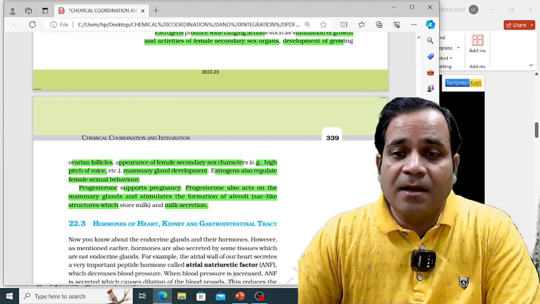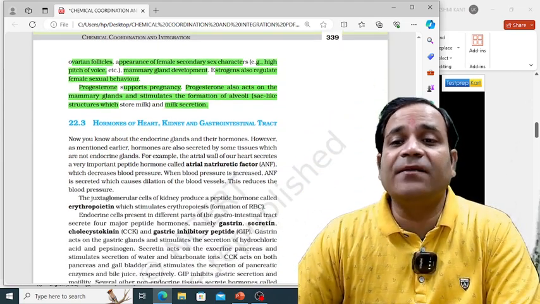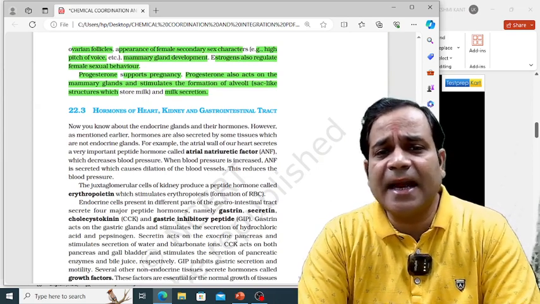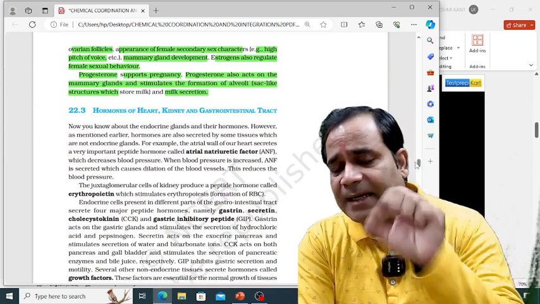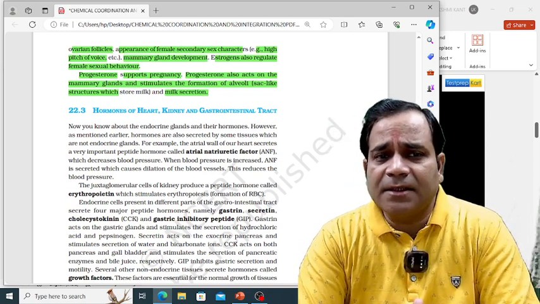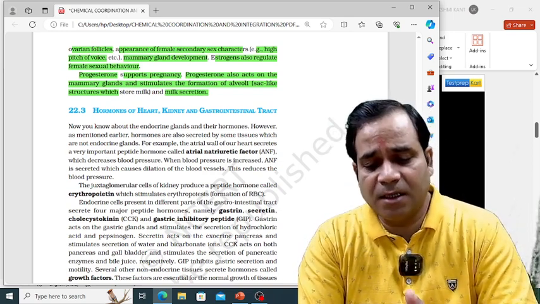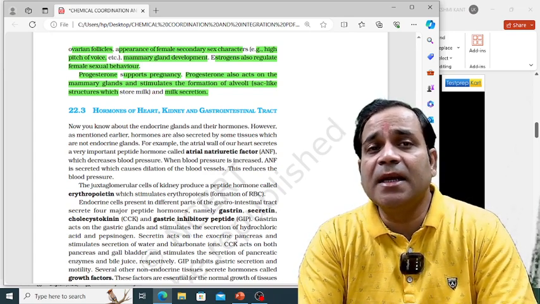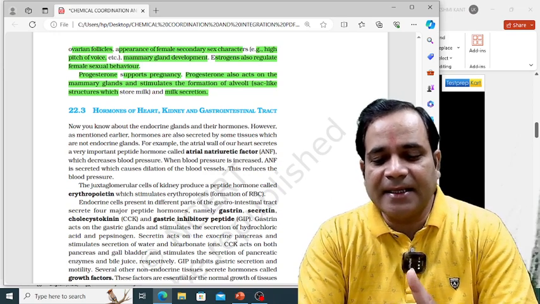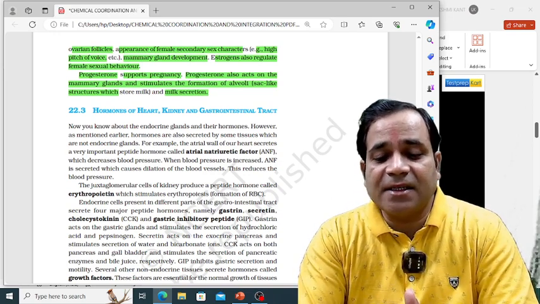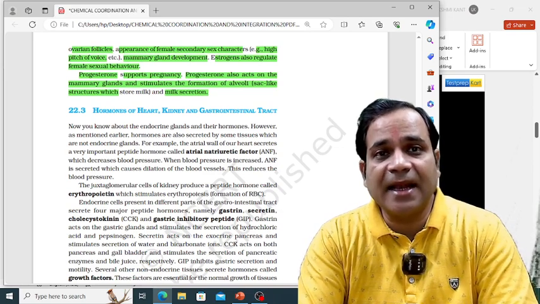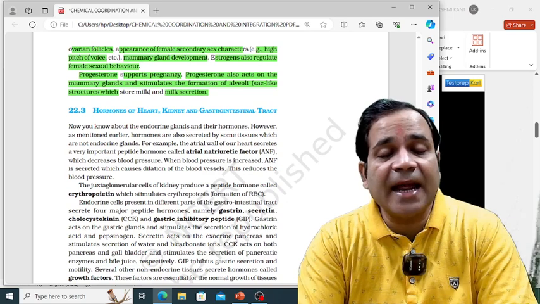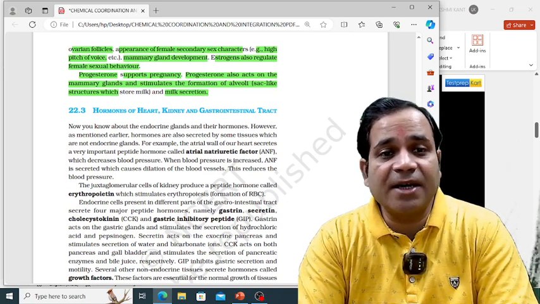Now the next point we have to be clear about is the hormones of heart, kidney, and gastrointestinal tract. Mainly, the hormones we know are secreted from the hypothalamus, then the pituitary gland, pineal gland, thymus gland, thyroid gland, and then the composite glands, that is testes and ovaries.